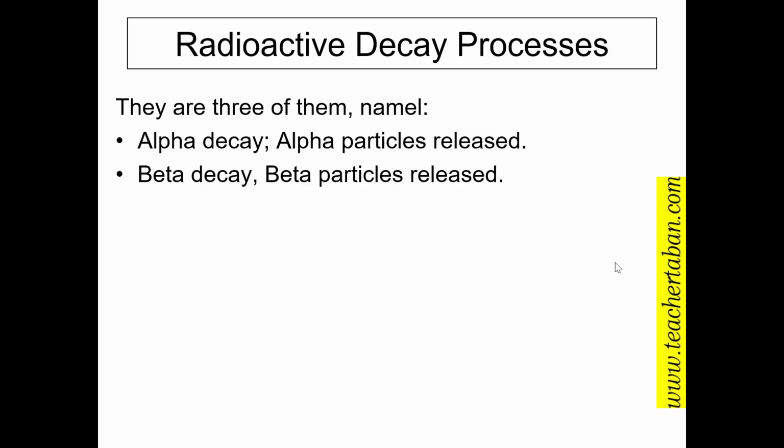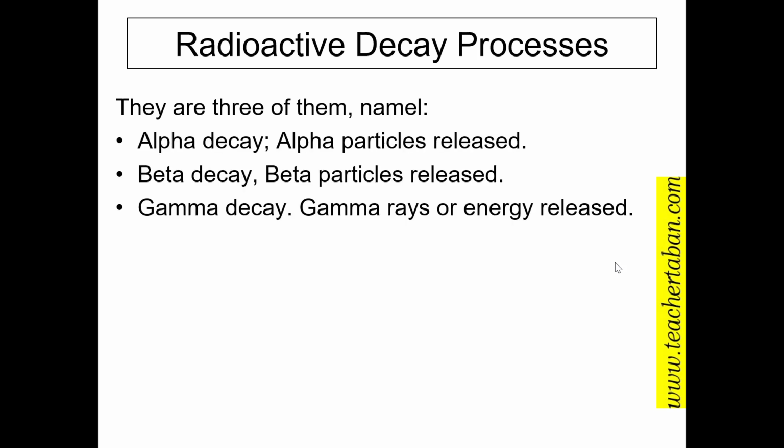All right, let's begin. Nuclear decay processes. How many are they? I've just mentioned them. Yes, there are 3. We have the alpha decay process, the beta decay process, and the gamma decay process. During the alpha decay, alpha particles are always released.